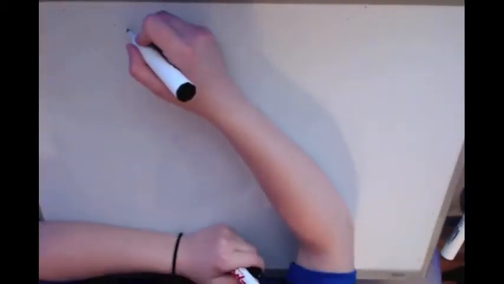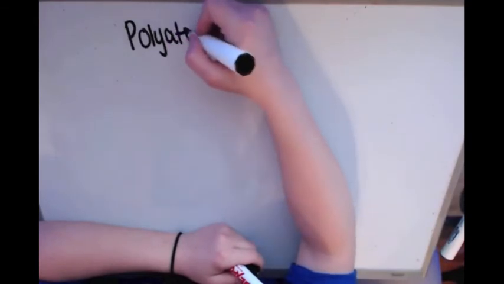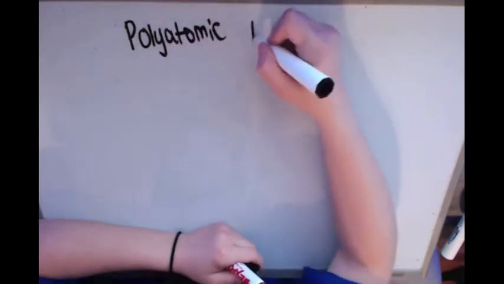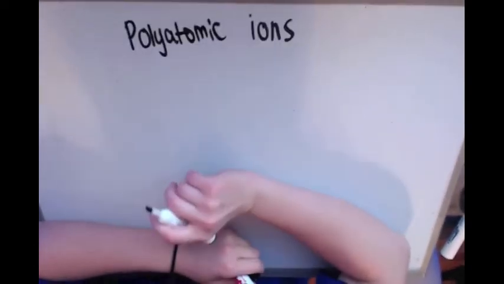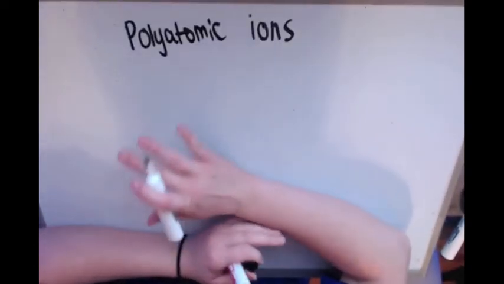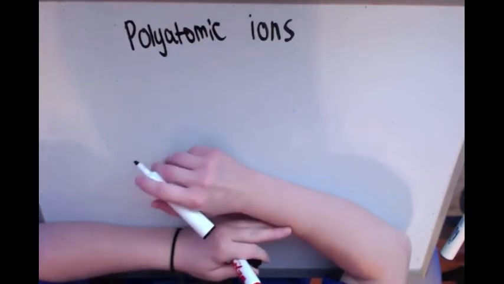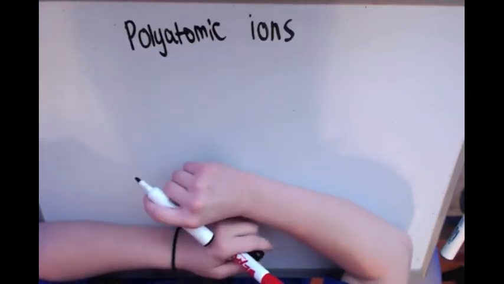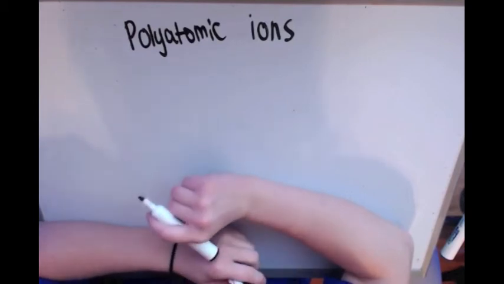Alright, so the next thing we have to discuss is what we call polyatomic ions. And I suppose before we get into polyatomic ions, it might be good to discuss ions.